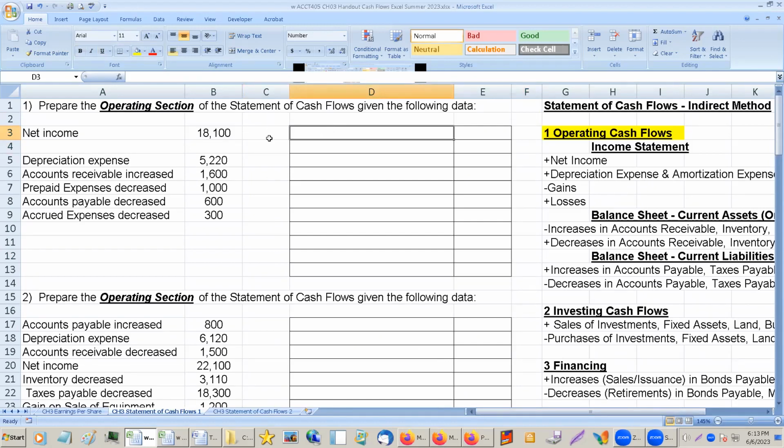So coming over here, number 1, prepare the operating section of our statement of cash flows. We start out with our net income. Net income is money coming in.